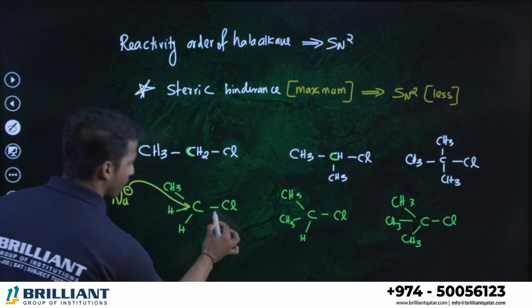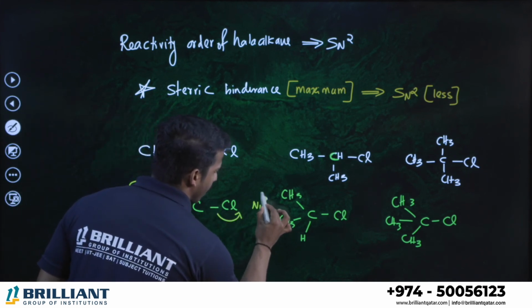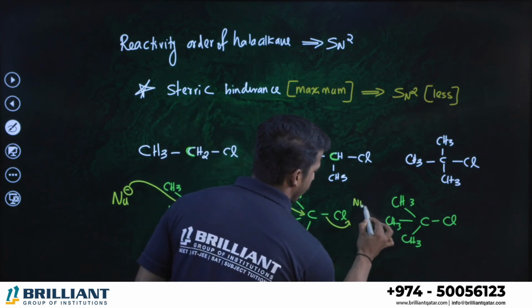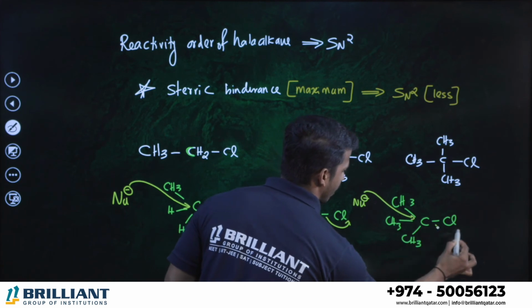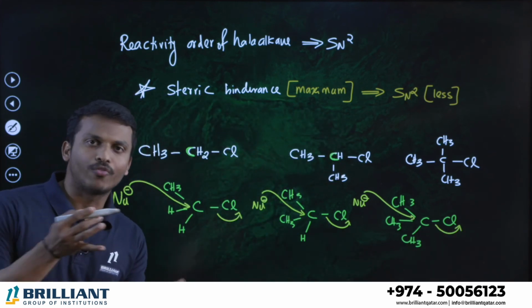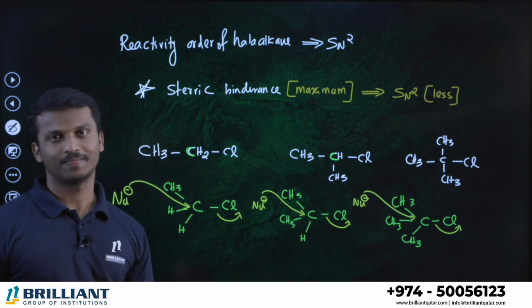Correct? Yes. Here again the nucleophile is attacking this carbon atom, leaving this one. Here the nucleophile is attacking the carbon, leaving this one. In which system is the attack of the nucleophile easier, so that the reaction can happen fast?